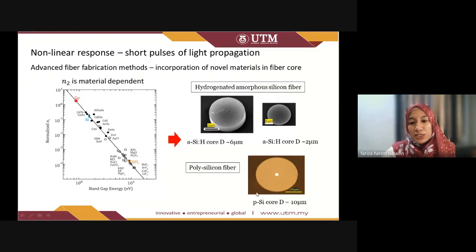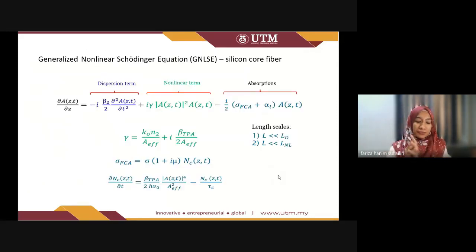And then for polysilicon fiber, from the molten core drawing technique, we can have polysilicon fibers that have a slightly larger core diameter, around 10 micron. So that's on the silicon optical fibers.